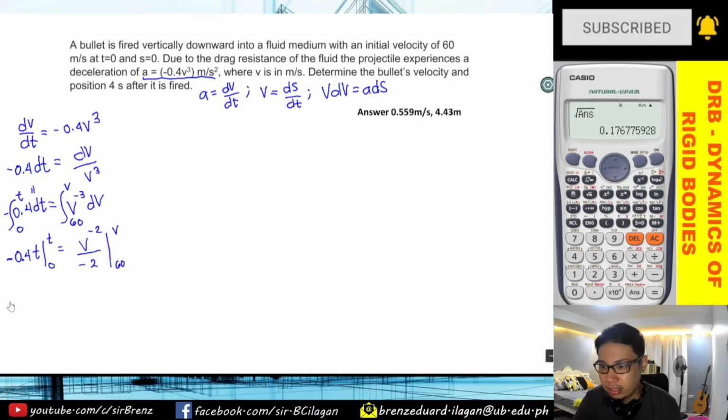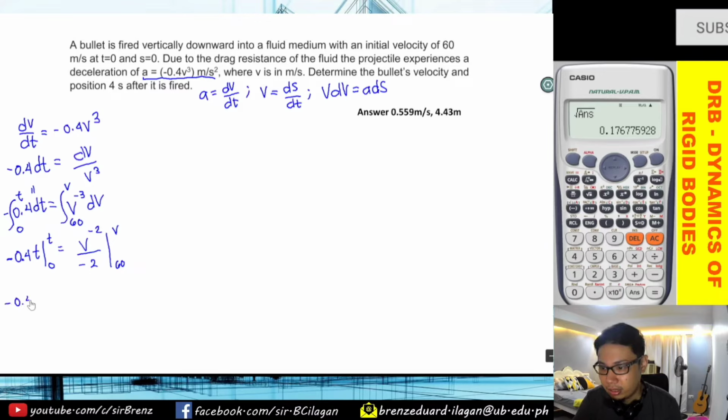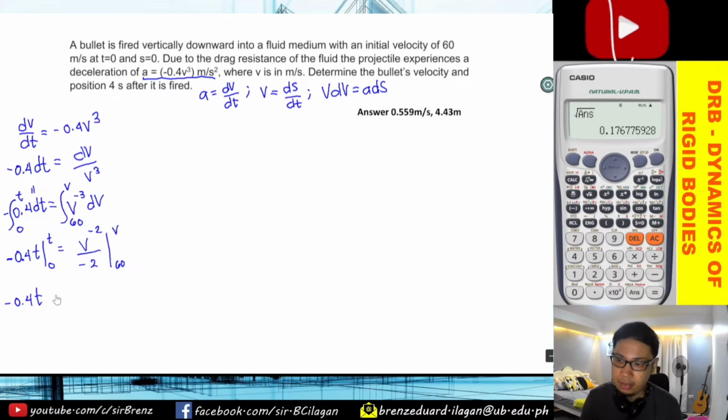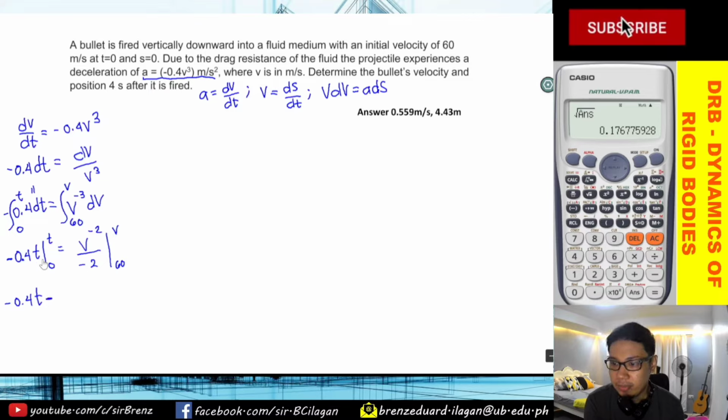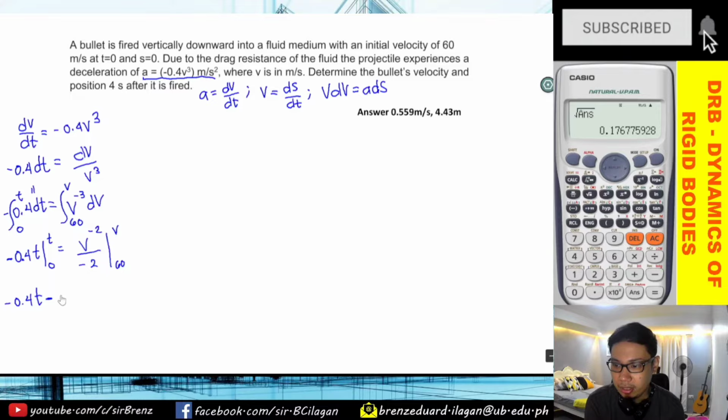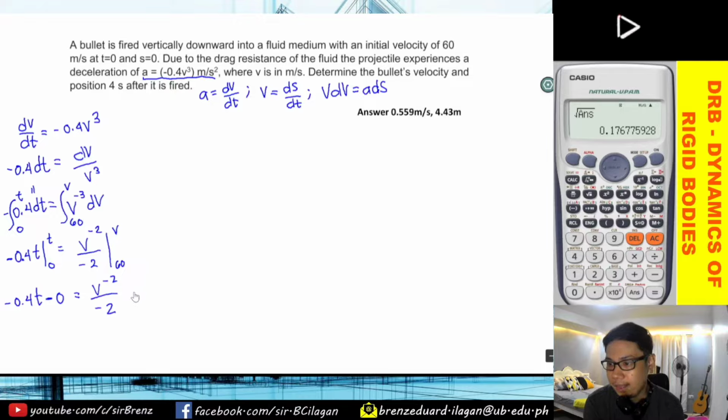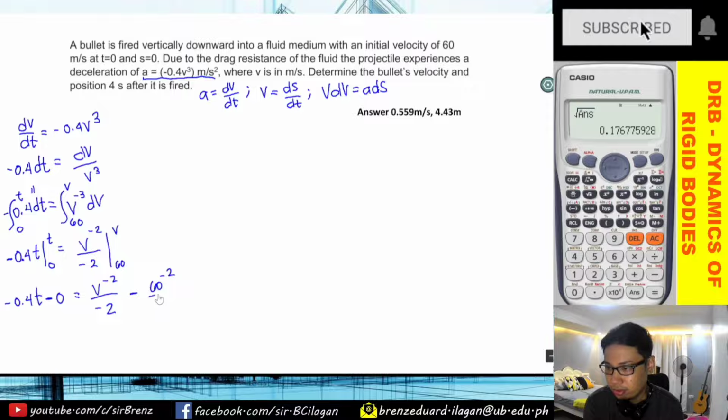Substitute lang natin yung mga values: upper limit, 0.4 times t, minus lower limit. Since time 0 yan, equals 0 na lang siya. Then i-copy lang natin, v to the negative 2 over negative 2, minus 60 raised to negative 2 all over negative 2.